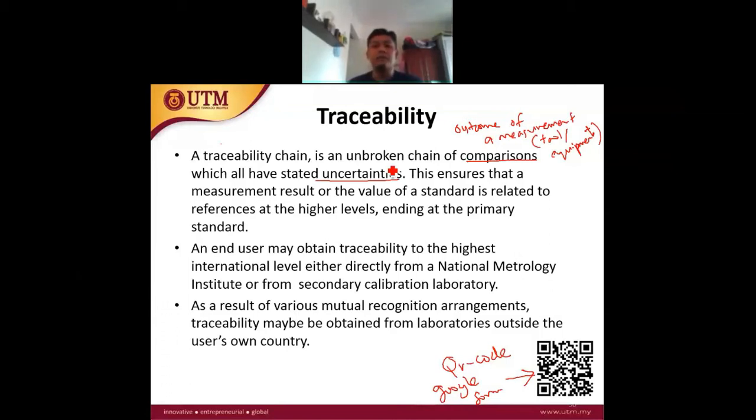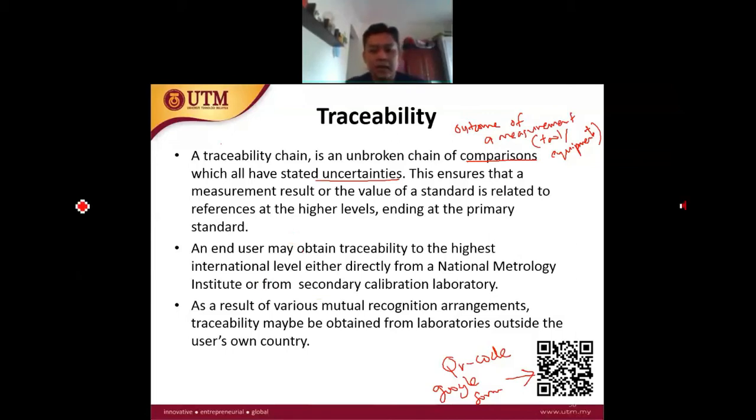Like I explained, the outcome of a measurement can be related to the reference at the highest level. It can be related, not necessarily compared on the spot, but they have a connection, like an ancestry.